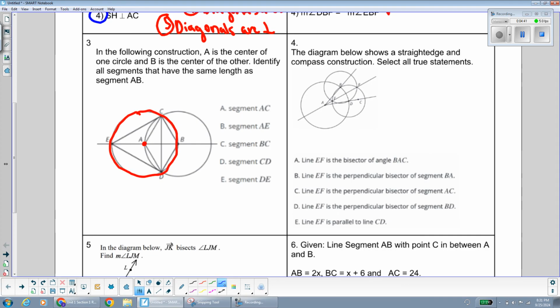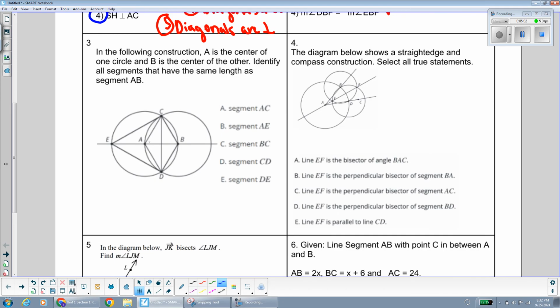In circle A, AB is also a radius of that circle. So AB is a radius of both circles. Both circles are the same size. Remember, all radii in a circle are the same as each other.